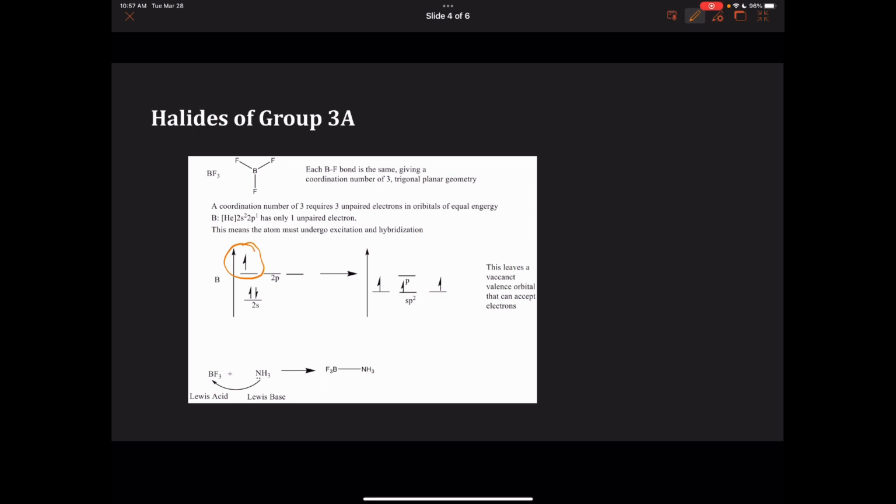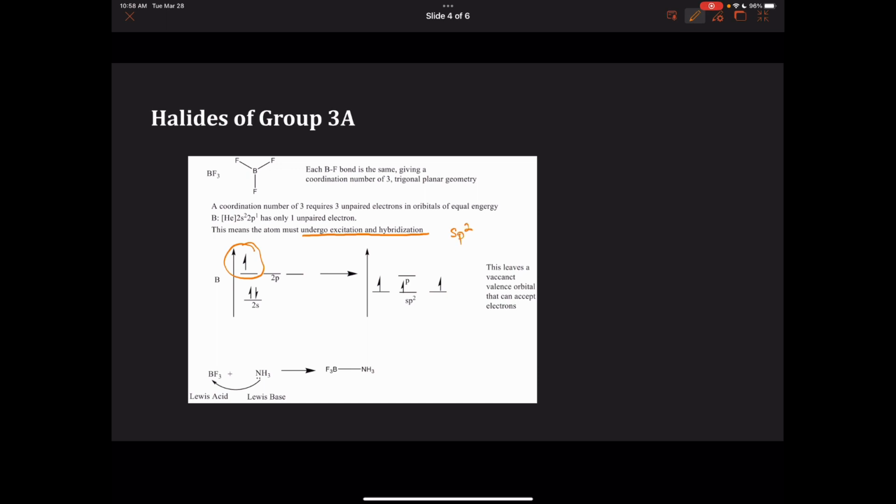But we know boron trifluoride exists. We know it has 3 equal bonds, so something has to happen. That means my atom has to undergo excitation and hybridization. If we remember from our hybrid orbital theories, to get a coordination number of 3, this is going to require sp2 hybridization.